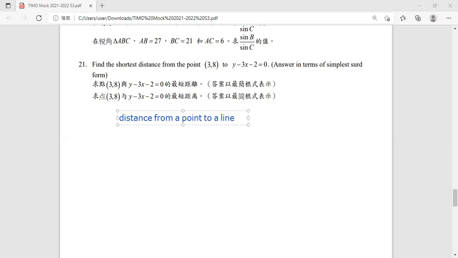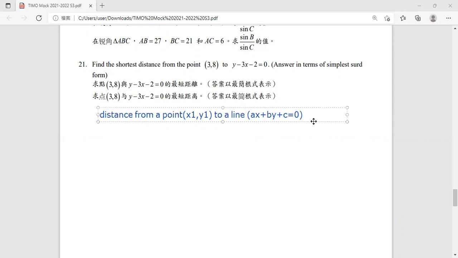This one, from a point, say I say this is x1, y1. Now this is some formula. I give you the formula. You just substitute it directly.